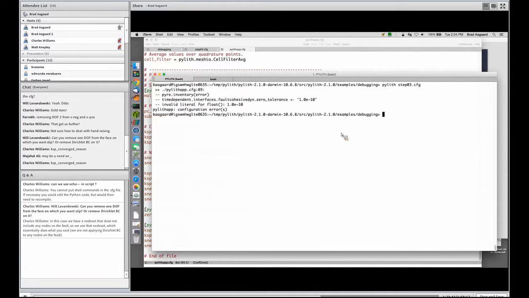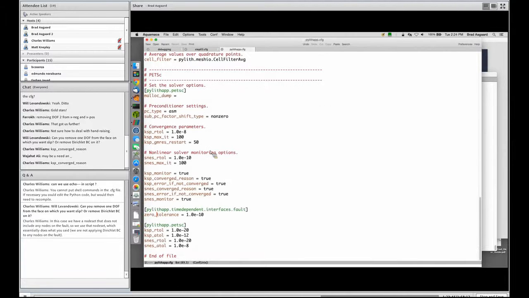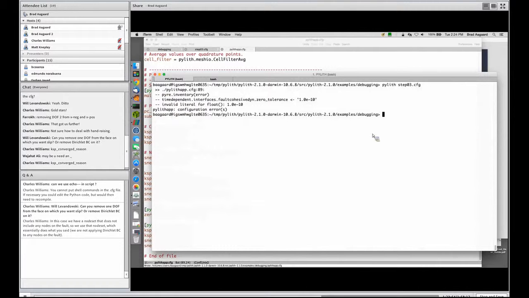Invalid literal for float. That looks right to me.